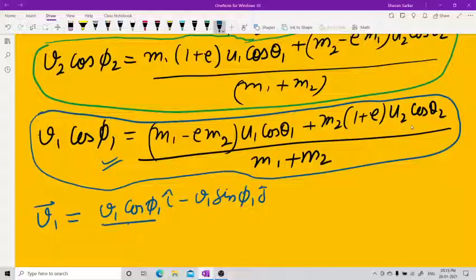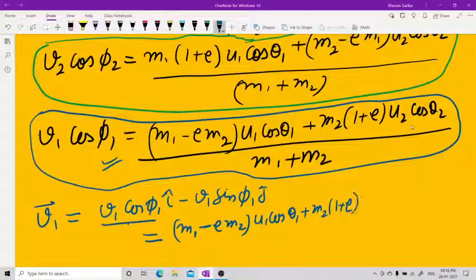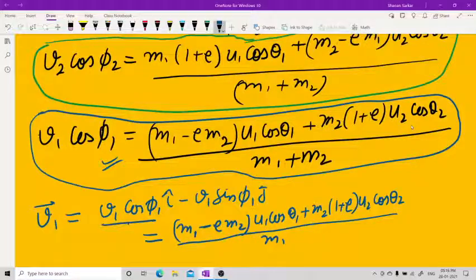So this becomes (m1 minus e m2) u1 cos theta 1 plus m2 (1 plus e) u2 cos theta 2 upon m1 plus m2. This is your i component, minus v1 sin phi 1.